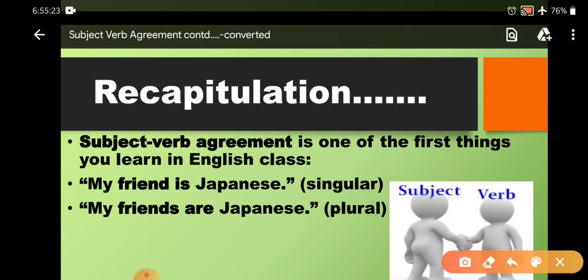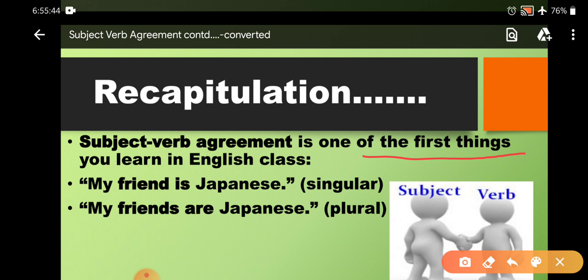It is one of the very basic things that we learn in English class, and the learning of this idea starts from the very beginning. The moment we start learning about sentences, it is automatic that we learn about subject-verb agreement. So look at these two sentences.